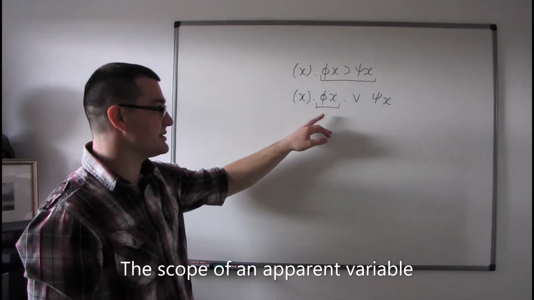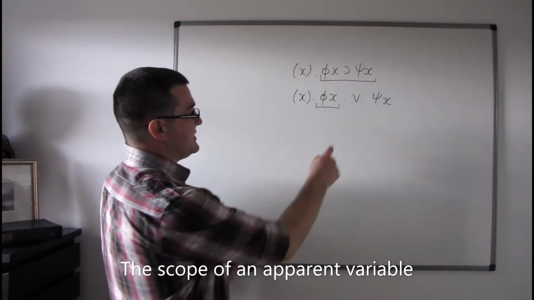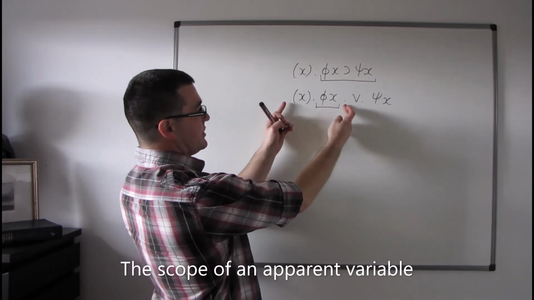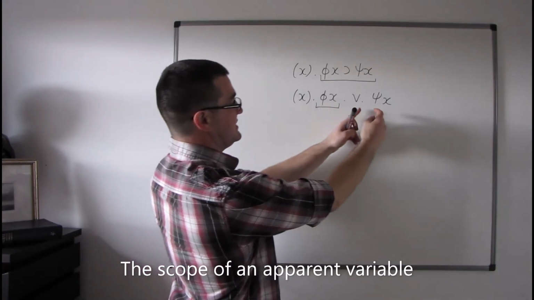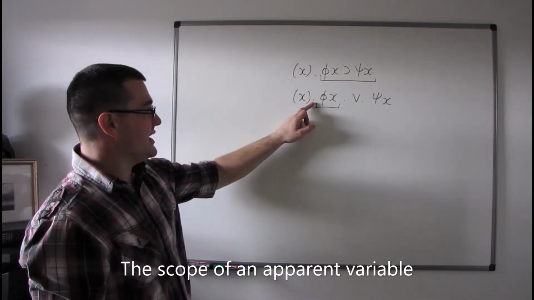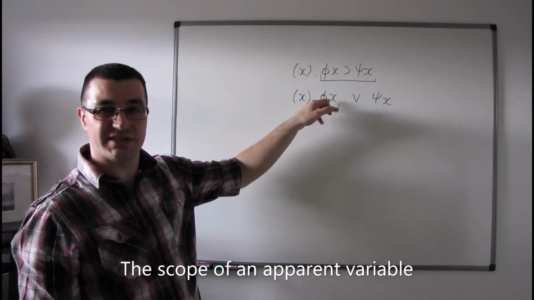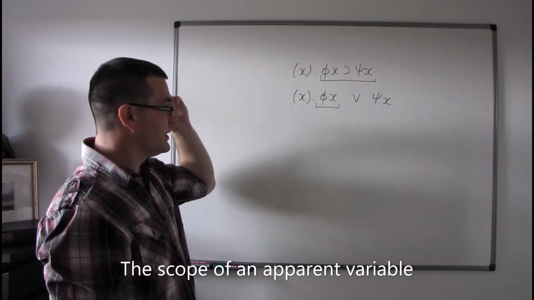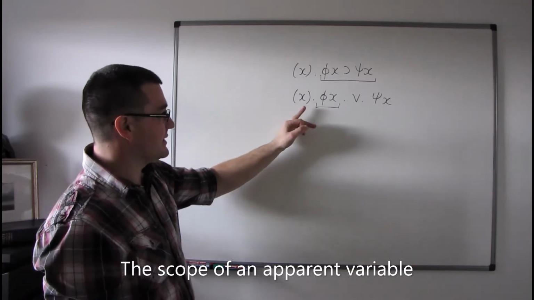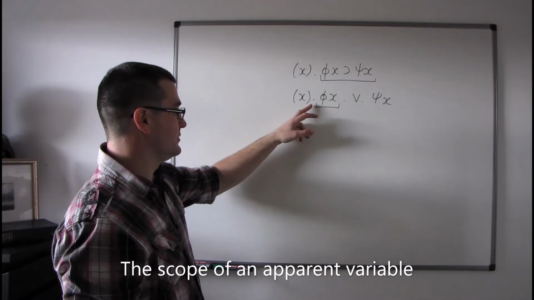So in the second case, this dot here serves to bracket off this part of the expression. This dot here serves to bracket off this part of the expression. This dot here between the apparent variable and the propositional function is not a bracket. It does serve a purpose. It tells you it's relating to the scope of the apparent variable.